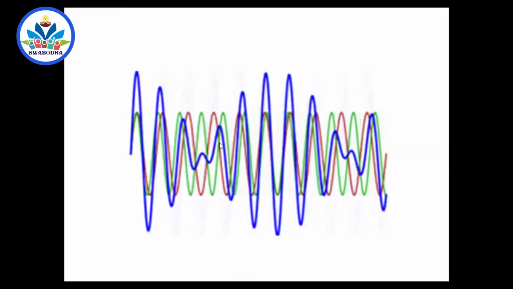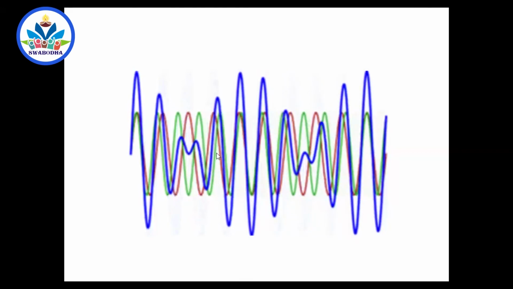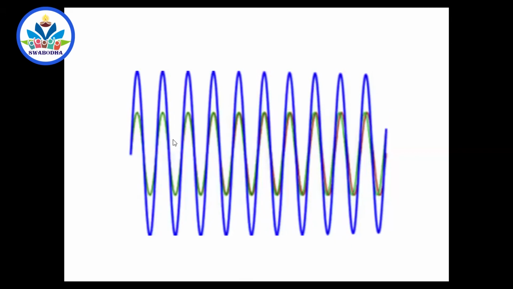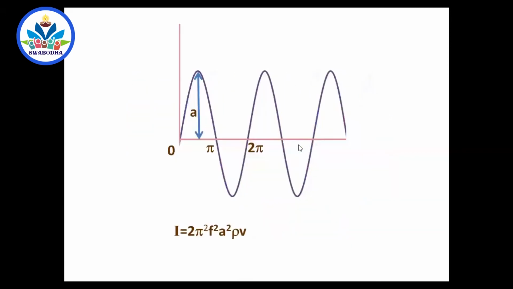When the crest falls not exactly on trough, somewhere else, amplitude will be less. That means intensity of the resultant wave keeps on changing because of the amplitude. If it is a light wave, the intensity of the light changes. If it is a sound wave, intensity of the sound changes. So amplitude controls the full intensity.